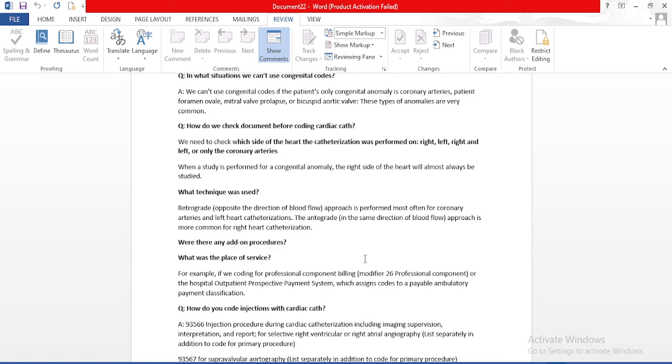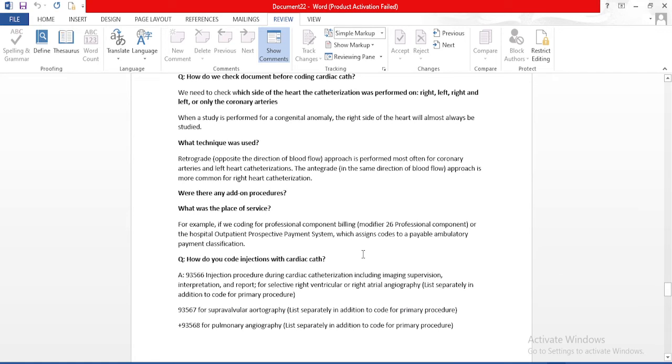Next we need to check what technique was used. Retrograde means opposite the direction of blood flow. The retrograde approach is performed most often for coronary arteries and left heart catheterizations. The antegrade approach, in the same direction as blood flow, is more common for right heart catheterization.